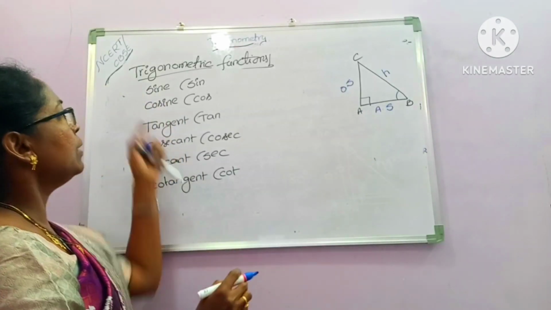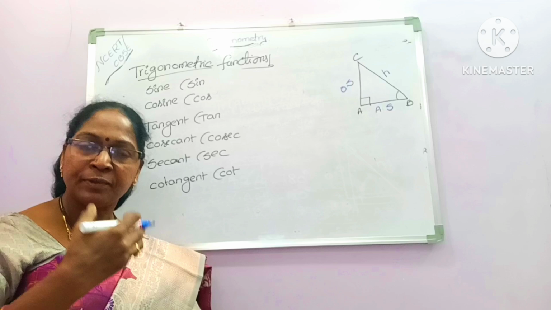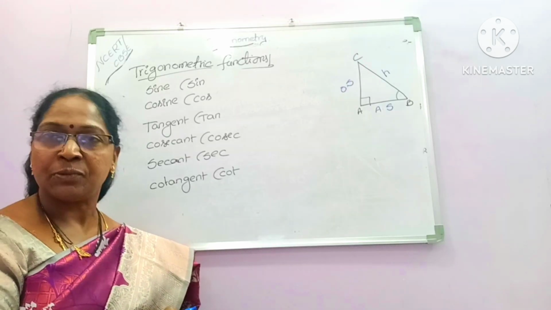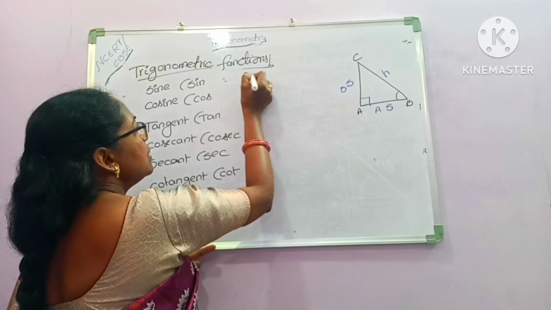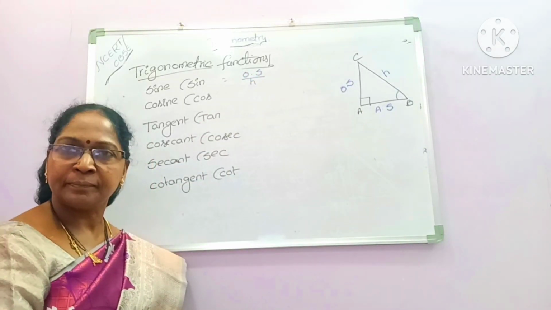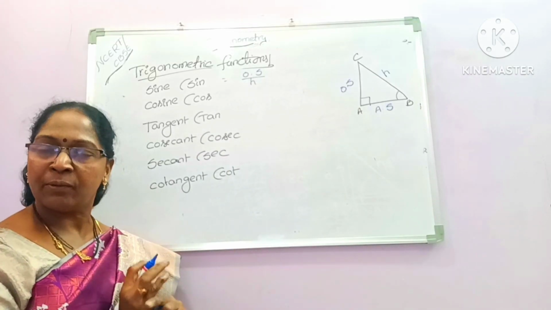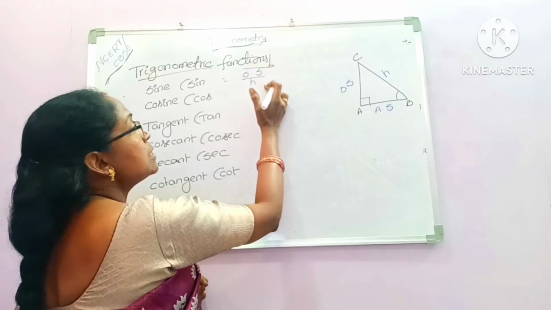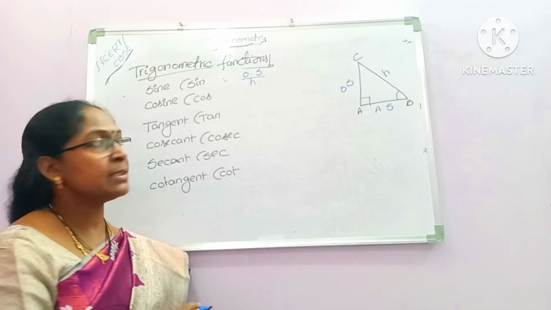Now you write down the first one. These trigonometric functions are the resultant of the trigonometric ratios. So what is that ratio? Sine equals opposite side by hypotenuse. This is the formula, and you have to remember it by heart. Here I am taking B as the reference angle.